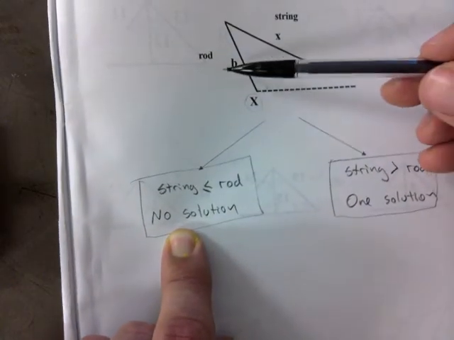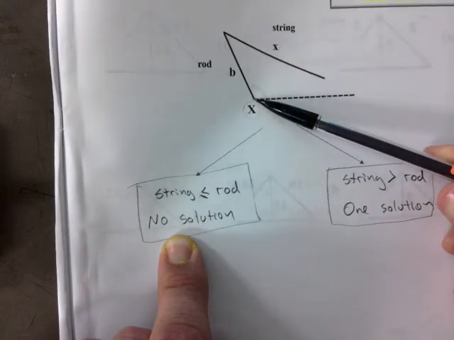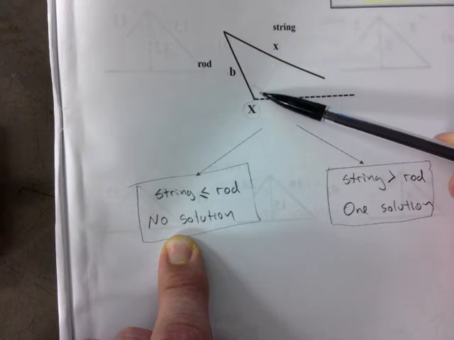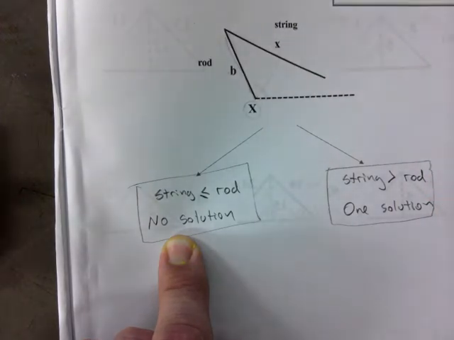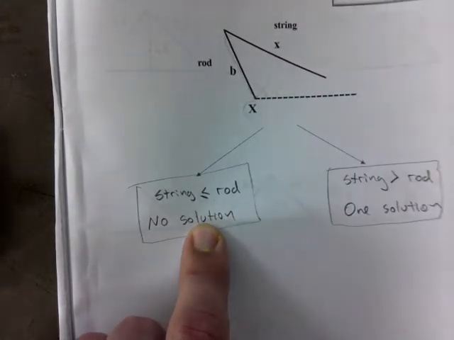So even if these two are exactly the same, you do not have a solution. Think about it, it would be exactly the same length as this, right? So if it's swung, it would just touch it right there, which would match this one. It's just a line. It's not even a triangle. So if it's less than or equal to, that's what I wanted to mention there. So watch out for that.